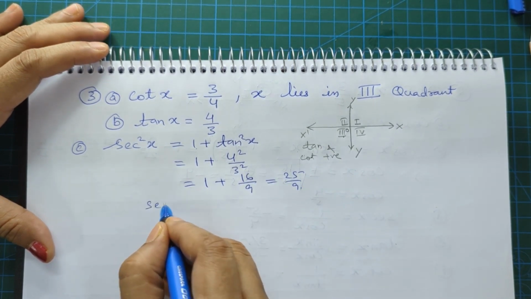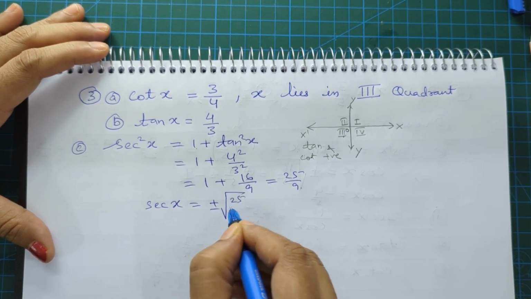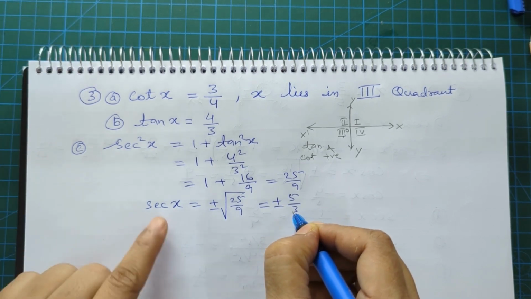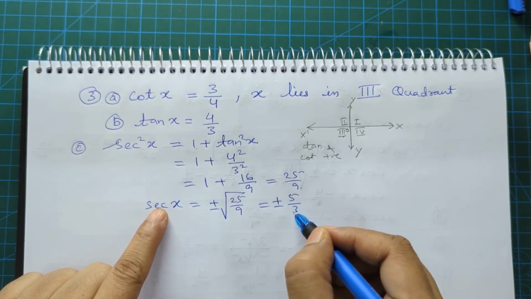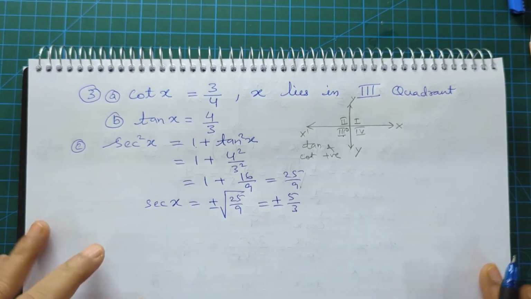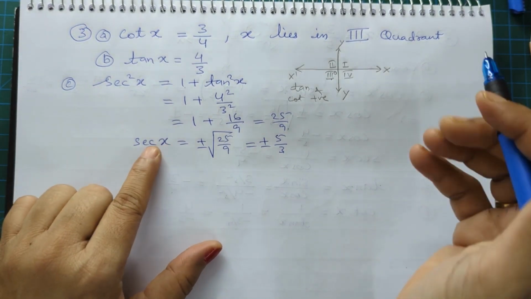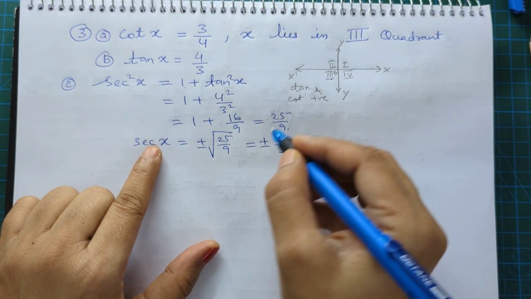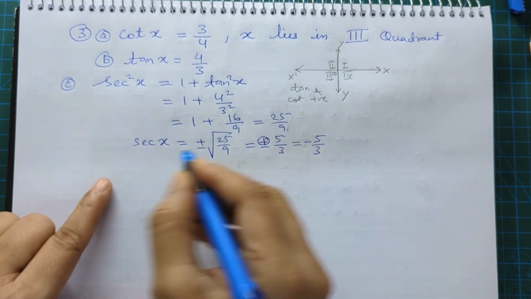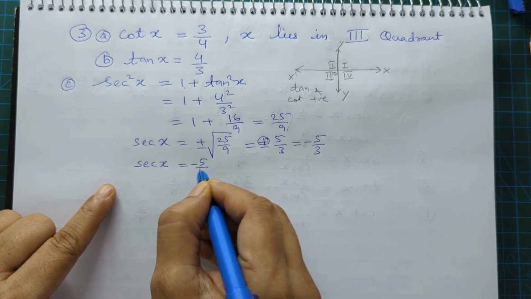So sec of the angle is plus or minus the square root of 25 by 9, so plus or minus 5 upon 3. Now sec of the angle is either positive 5 by 3 or negative 5 by 3. For that we should know where x lies. The angle x lies in the third quadrant, and in the third quadrant sec of the angle is negative. So we will not choose positive, we will choose negative 5 by 3. So sec of the angle is negative 5 by 3.